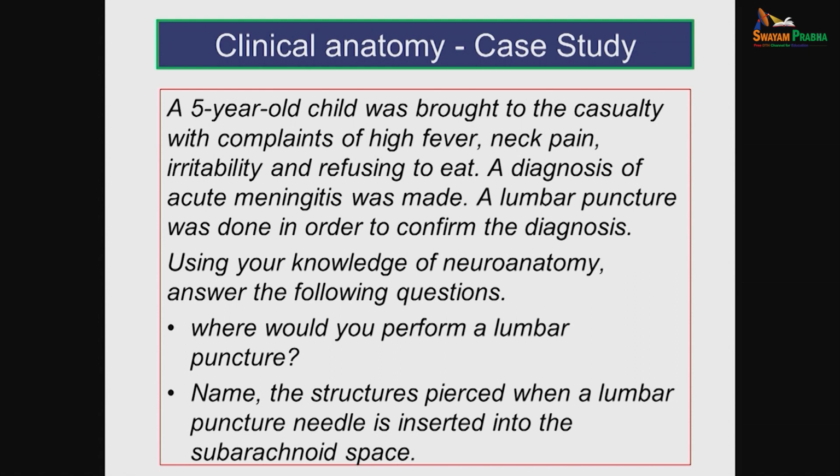Having learned the clinical anatomy of spinal cord, where it ends, the subarachnoid space, the coverings, at this stage you should be able to tell where to perform a lumbar puncture and the structures pierced when a lumbar puncture needle is inserted into the subarachnoid space.